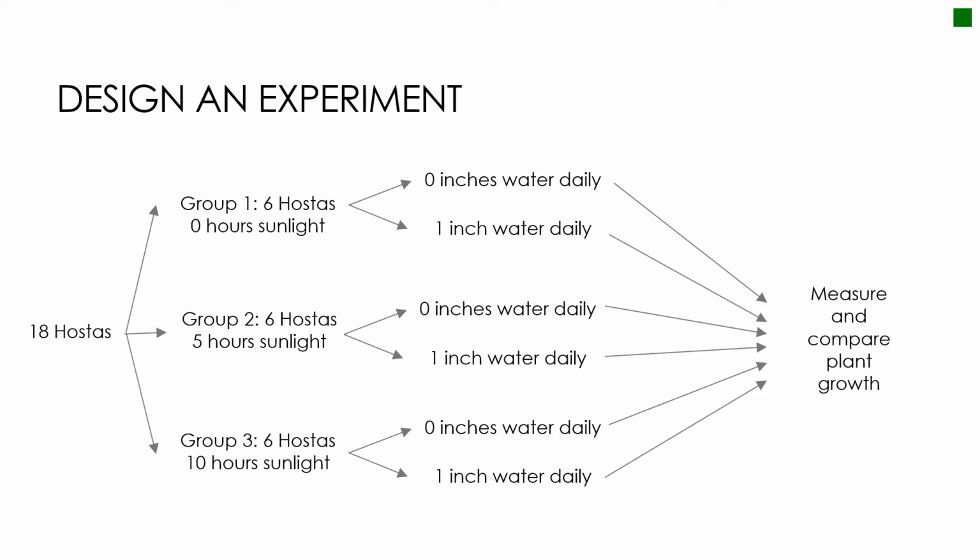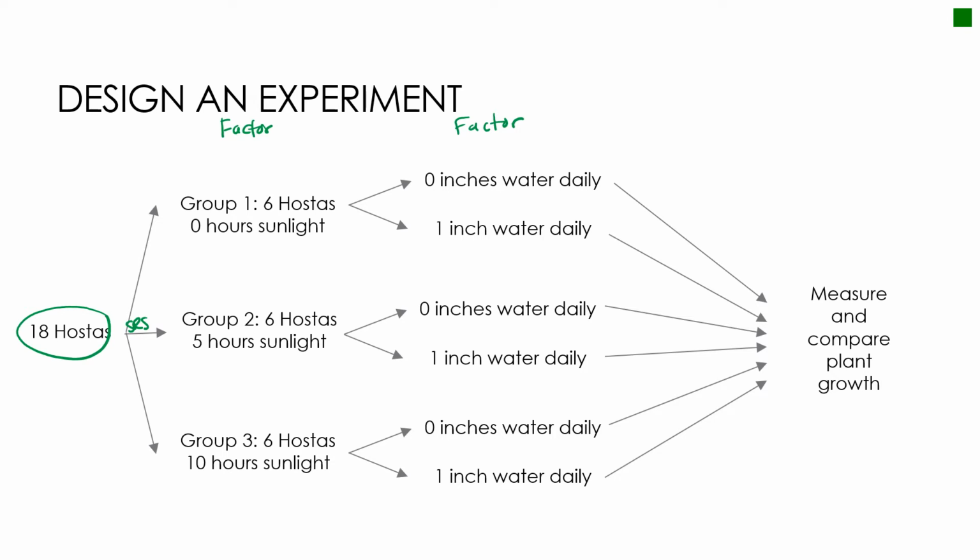I want you to notice the difference between what we did in our block design and what we have now. Here I have 18 hostas. I'm doing an SRS, a random sample, to put 6 in group 1, 6 in group 2, 6 in group 3, and typically whenever you're designing an experiment like this, each factor is going to have its own column.